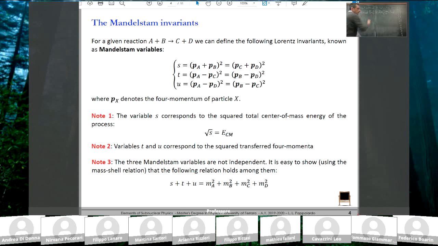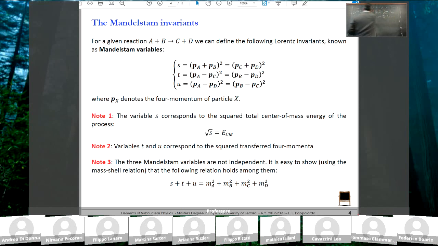So once we define the two four momenta, we can again work out the center of mass energy. We start calculating s, the Mandelstam variable, which is as usual (PA plus PB) squared. So these two are as usual the two four momenta of particles A and B. And now we use the definition: it is (EA plus EB) squared minus (the momentum of A plus the momentum of B) squared.